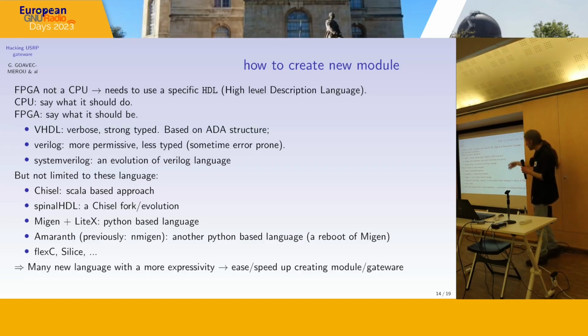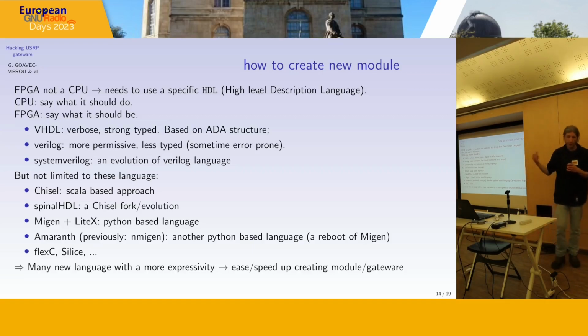And it's not an exhaustive list. Flex, C list is definitely a language by itself at the same level as Verilog, VHDL, with grammar, with generator, but at the end it produces Verilog, but it's really a new language and not something based on a Python class used to produce Verilog.